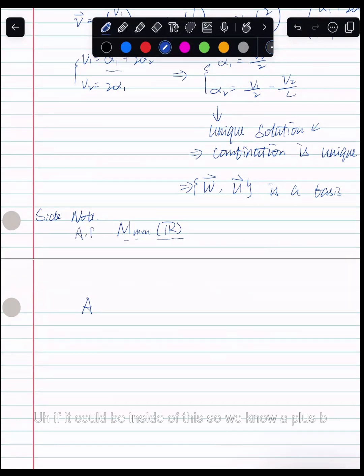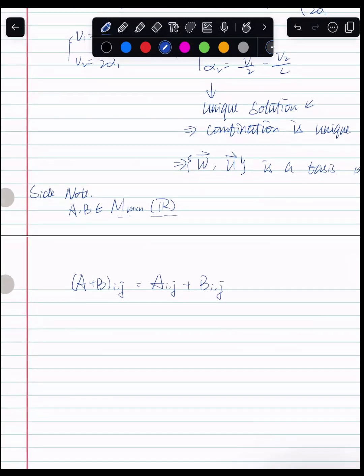If A and B are inside of this, then A plus B, the ijth row and column entry is the ijth entry of A plus the ijth entry of B. And for scalar multiplication, alpha A, the new matrix, its ijth entry is the ijth entry of A multiplied by alpha.